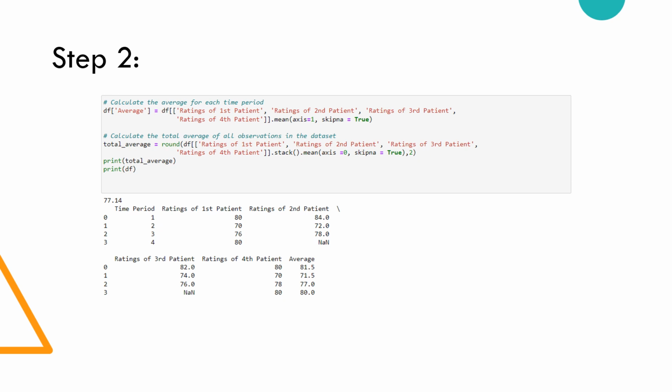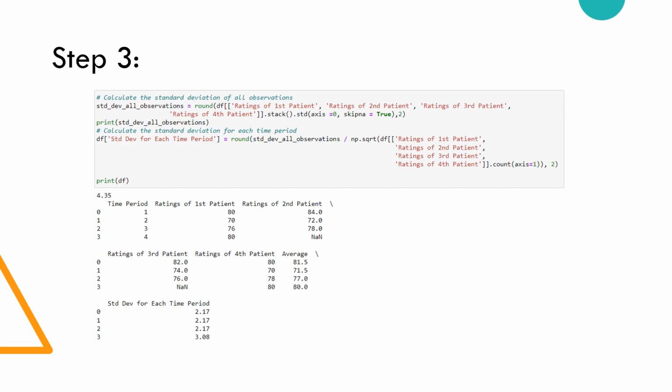Skip NA equal to true skips or ignores the missing values in the dataset while performing the operation. The next line of code calculates total average. Here, stack is used to stack the columns on top of each other. Axis equal to 0 calculates the mean of values in series or in columns.